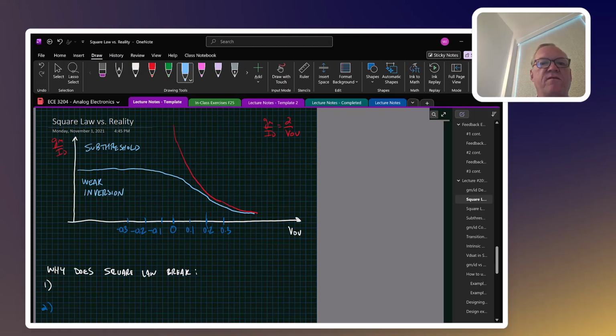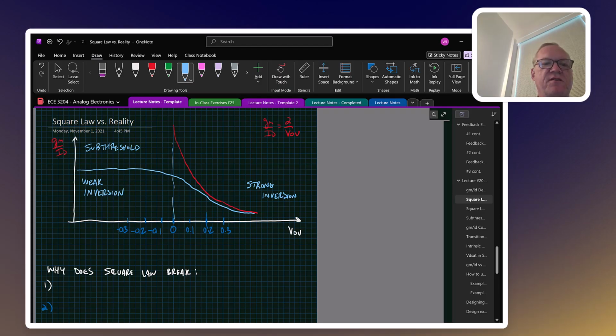Over here, where a real transistor is behaving like the square law, we call this strong inversion. And we have this regime for very small voltages where these curves are kind of diverging, so we're going to call this region moderate inversion.